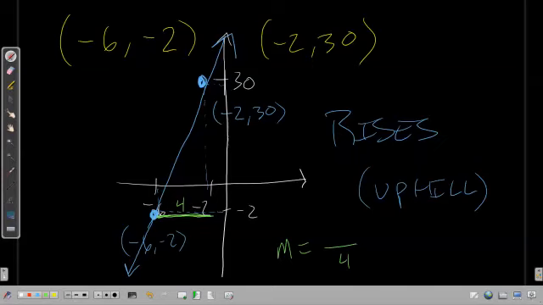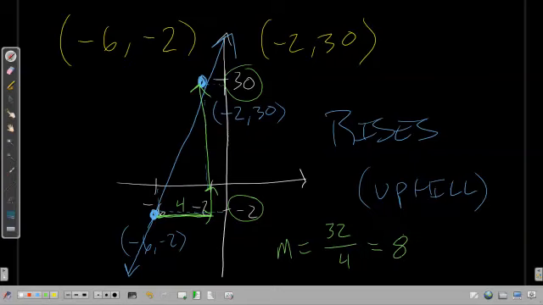Now, when I rise, I'll have to do it from -2 all the way up to 30. So first I'll go 2 units, and then I'll go 30 more units for a rise of 32. And that simplifies just to be 8. The slope is 8, and it rises from left to right.